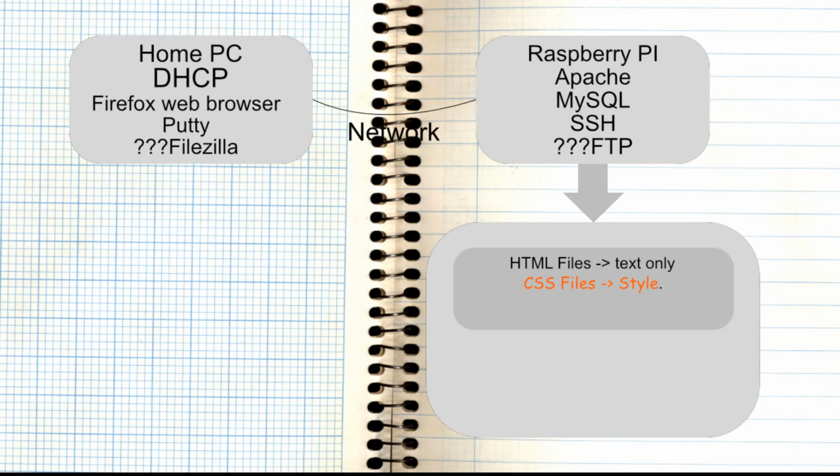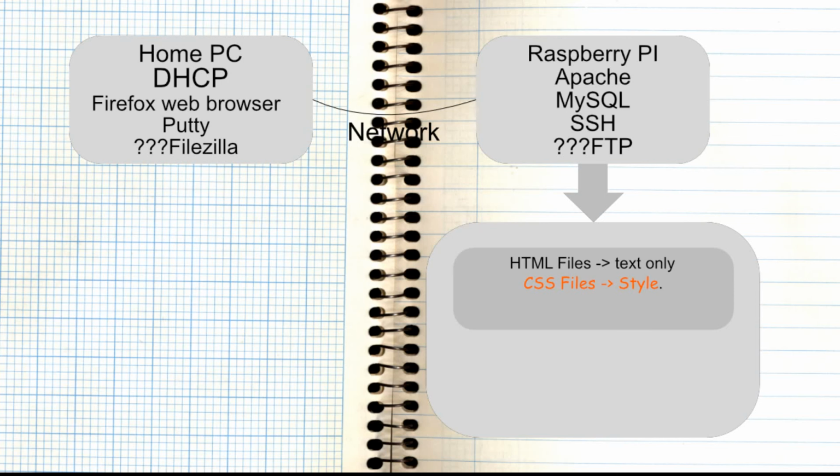Sometimes people put the styles within the HTML files, but it is better to add another file called a CSS file. And with CSS files, the file names always end in .css. And if they're external to the HTML files, there will be a line in the HTML file that points to the location of the CSS file.